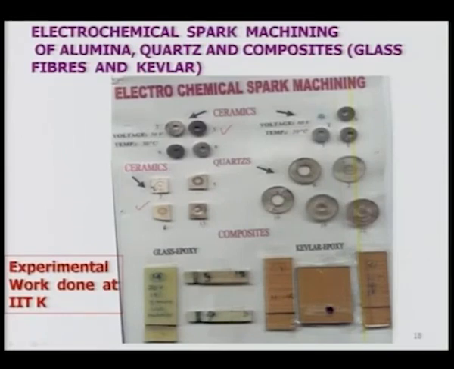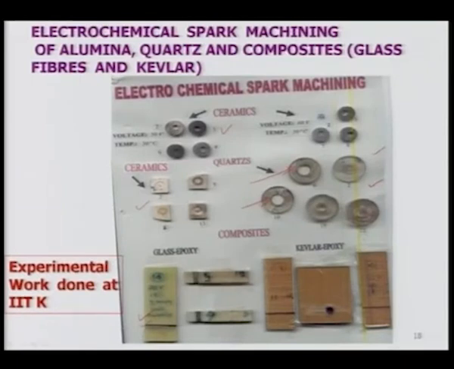Then quartz was also machined, and you can see various components where trepanning was tried, and you can see clearly the holes that were drilled by the trepanning operations, and some blind holes also have been made in case of the quartz. Then you can see here the glass fiber composites, a slot or channel was cut as visible over here.